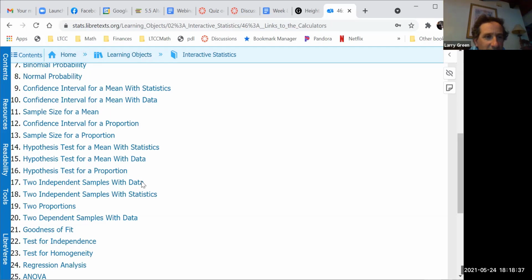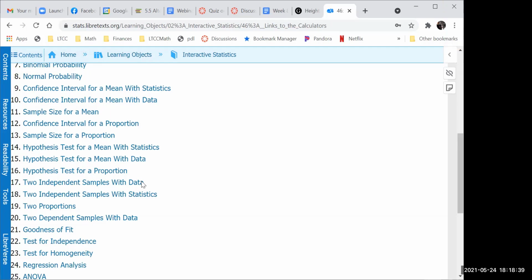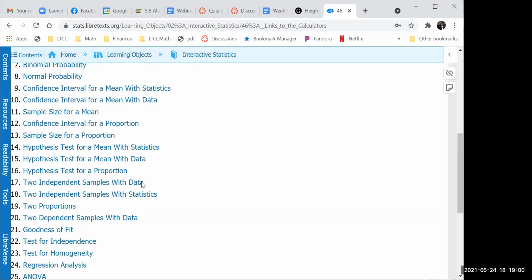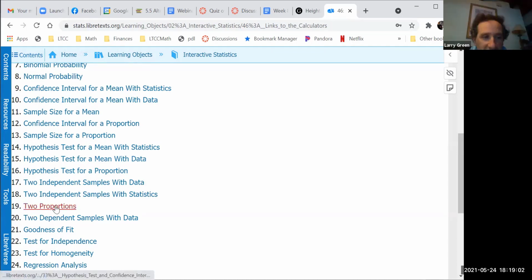So which calculator? Hypothesis test for a proportion? Okay, that's a good idea, except that we're comparing two proportions. So hypothesis test for proportion was the last chapter when we had a single proportion where we just had a p equals greater than 0.5 or something like that. So that one's not going to do it for us. Number 19, two proportions? Yeah, number 19, we have two proportions this time.